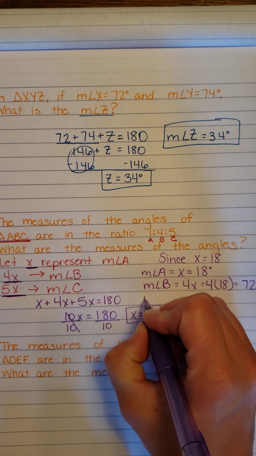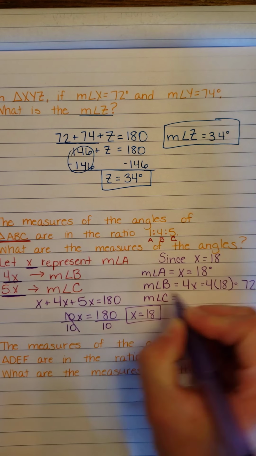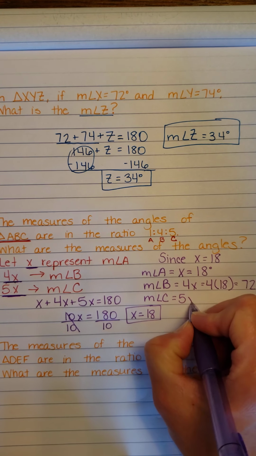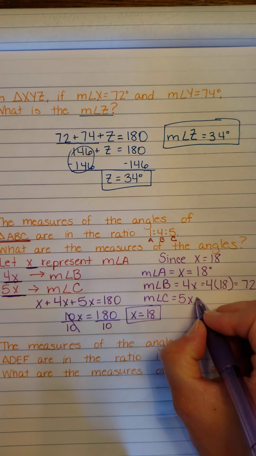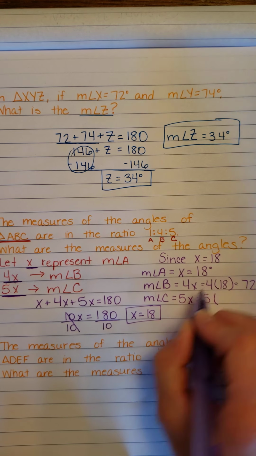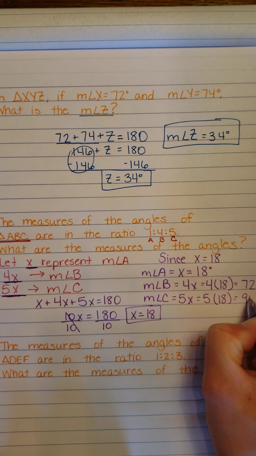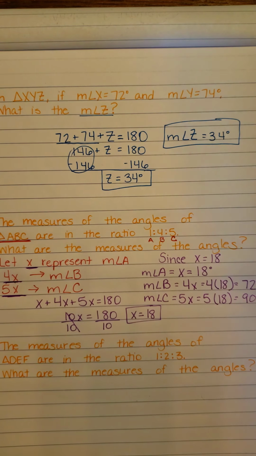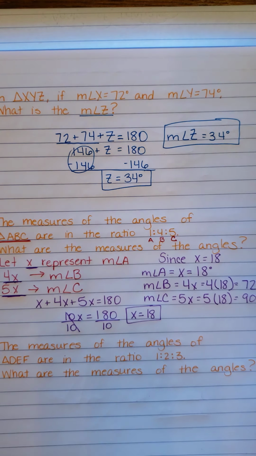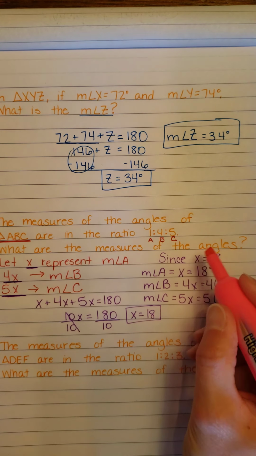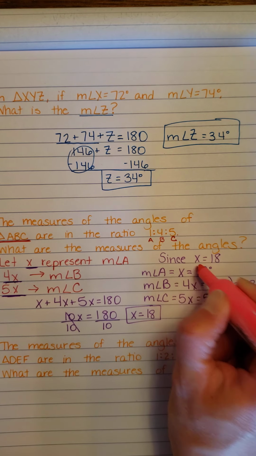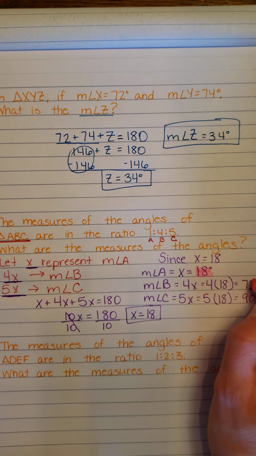And then for the measure of angle C, we represented that with 5x. So 5 times 18 is equal to 90 degrees. So we just found the measure of all 3 of those interior angles of that triangle. The measure of angle A is 18, the measure of angle B was 72, and the measure of angle C was 90.